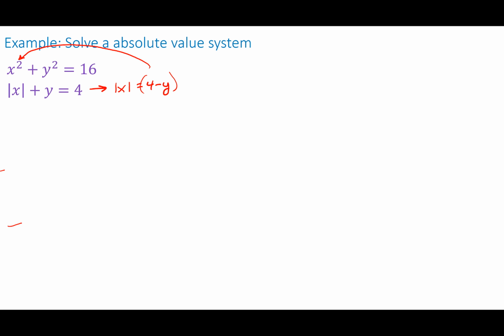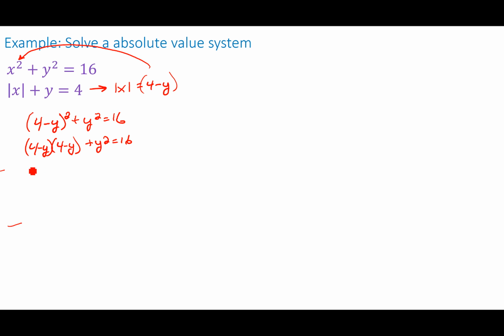It's going to be positive. And so I have (4 minus y) squared plus y squared equals 16. (4 minus y) squared, this is 2 binomials, (4 minus y) times (4 minus y) plus y squared equals 16.